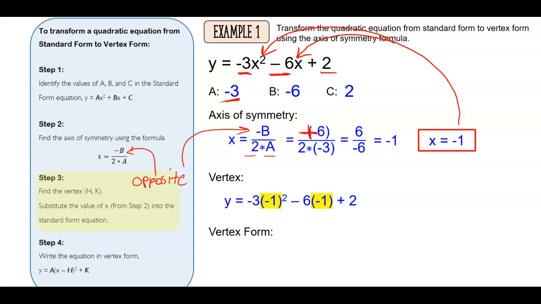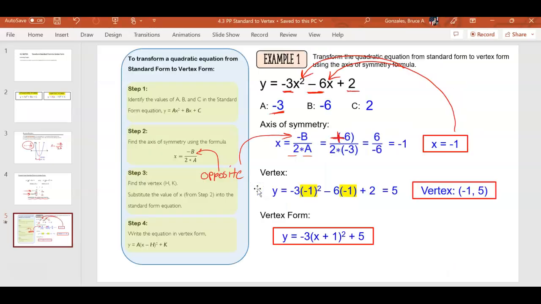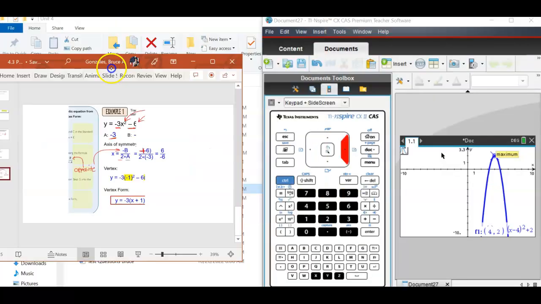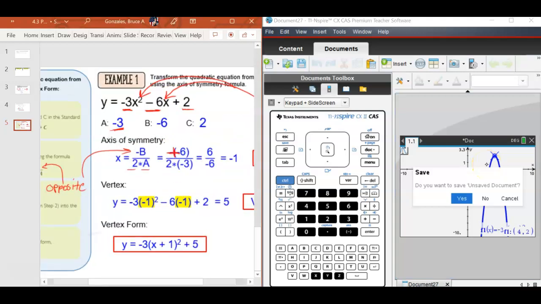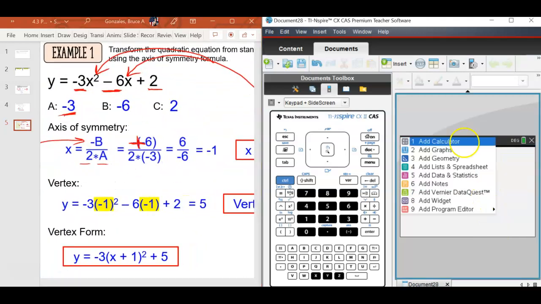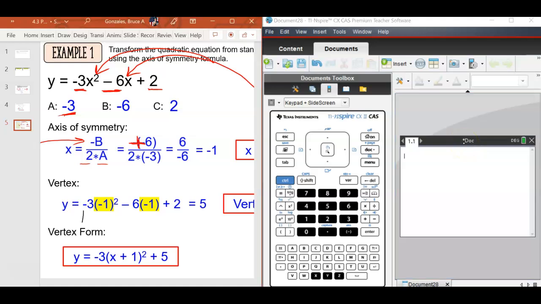Technically, you could type that in one step. Let me see if I can try that here. So if I go to a new document, I go to a calculator, don't type the y equals, but just type this part: -3, parentheses, -1, parentheses, squared, minus sign, 6, parentheses, -1, parentheses, +2, enter.